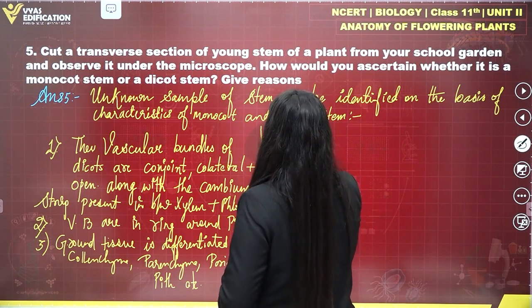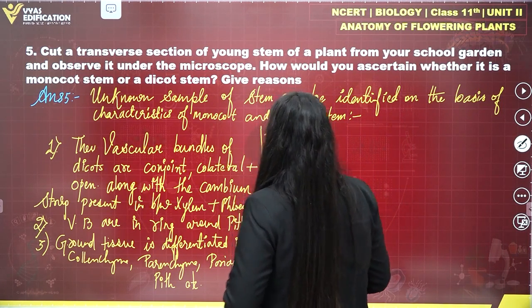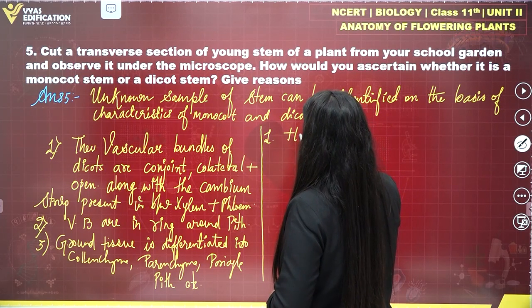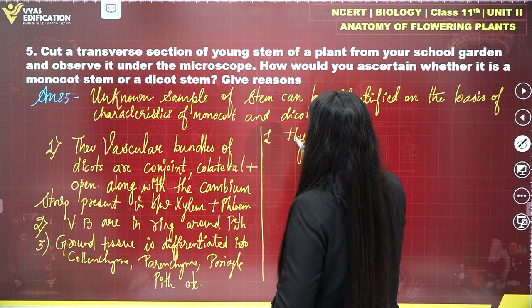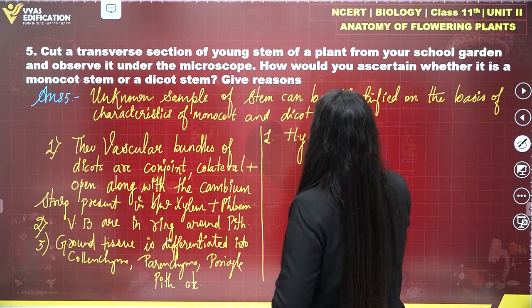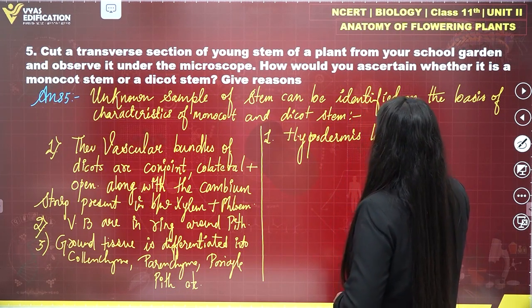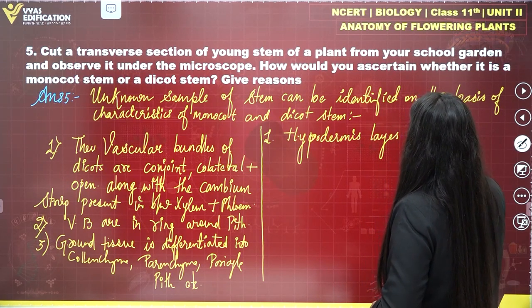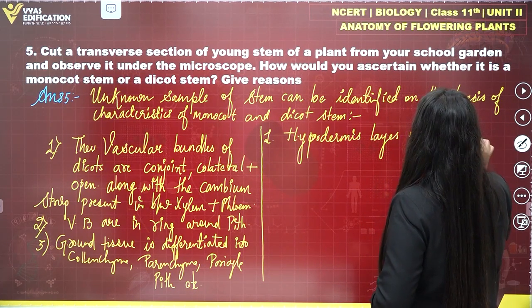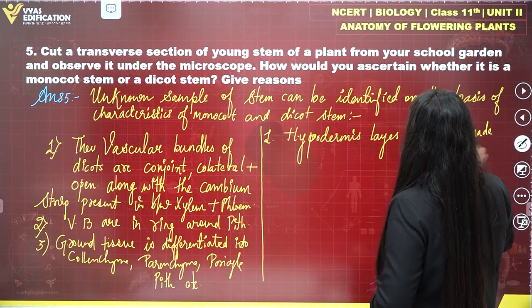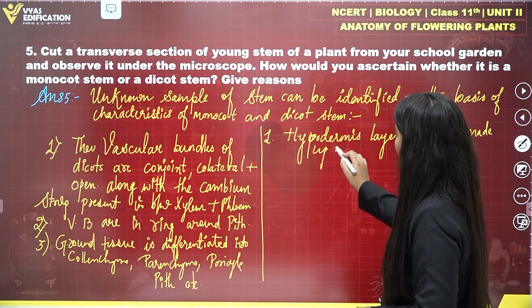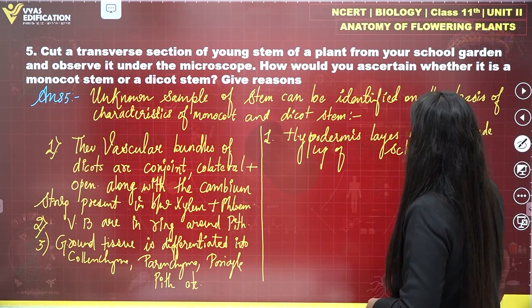Then if we talk about the characteristics of monocot stem, you will find a hypodermis layer, which is made up of sclerenchyma.